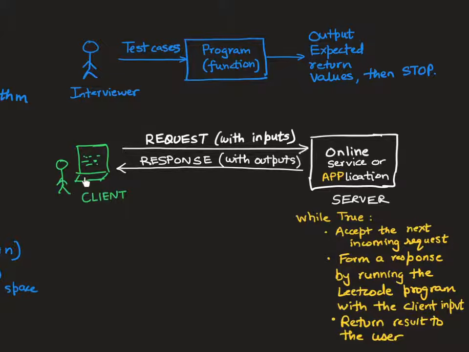Now, if I'm this client looking at this server, I don't see the code that this server is running. I just look at the server as a black box, or a white box in this case, and all I see is this interface in front. This is the public interface that is visible to me as the client.